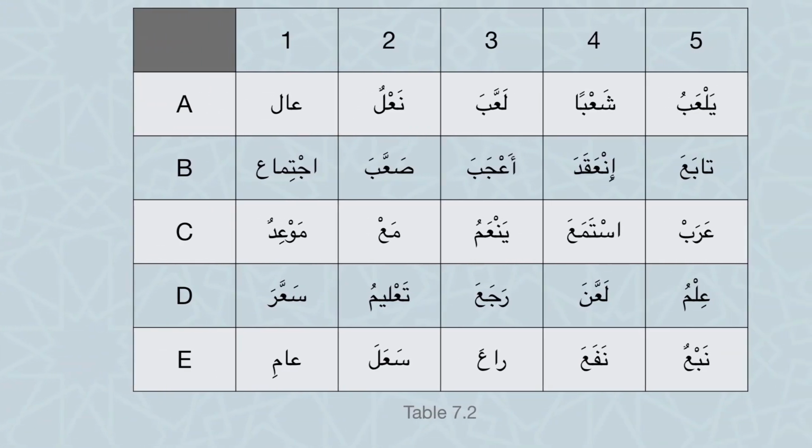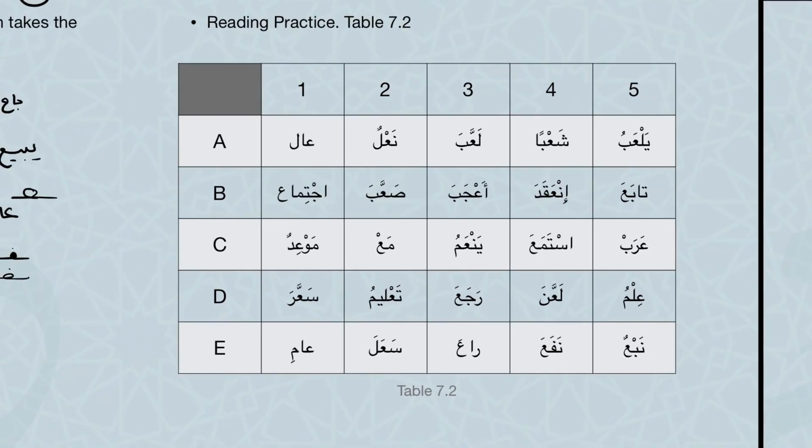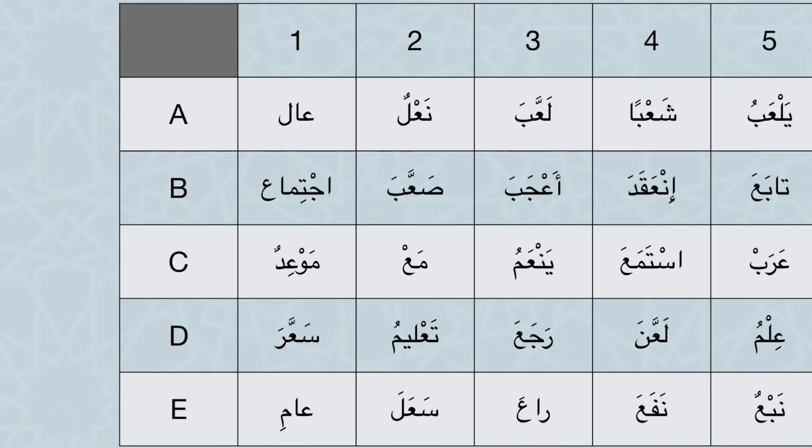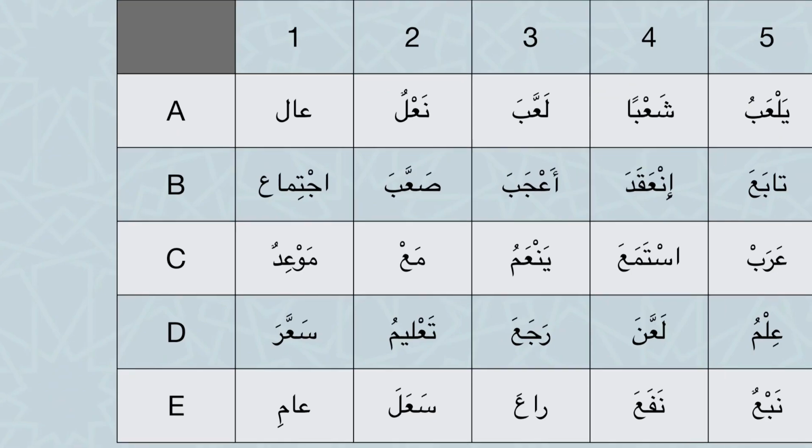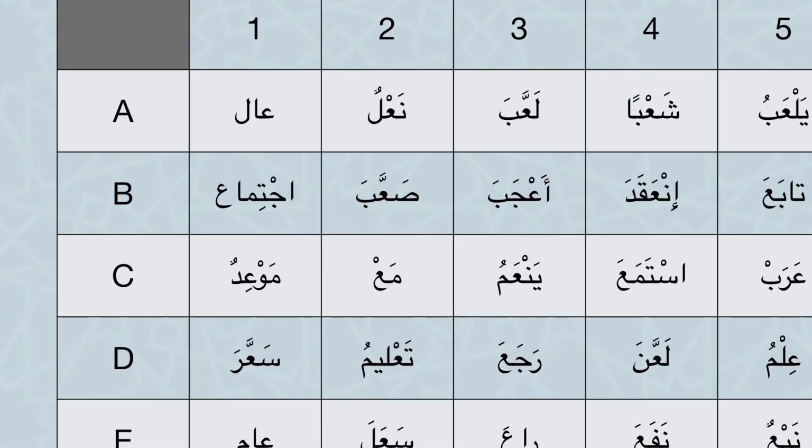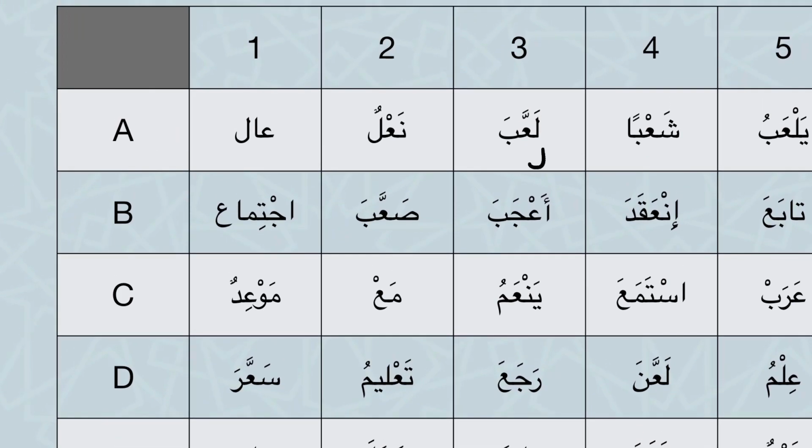So let's just read again. Here we would go A1, it's al, al. Number two is na'lun, na'lun. Number three, there's a shadda on the ayn, so I have to double the sound. I have to kind of stress it. لعب, لعب. How would I pronounce it if there was no shadda?